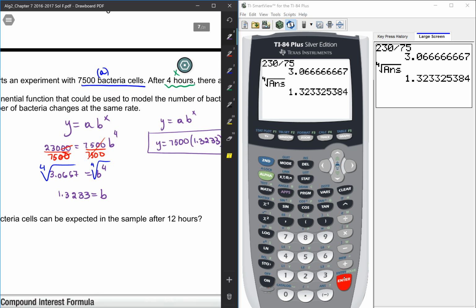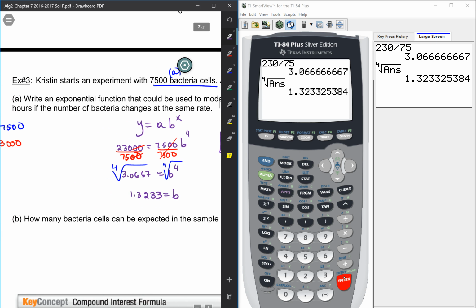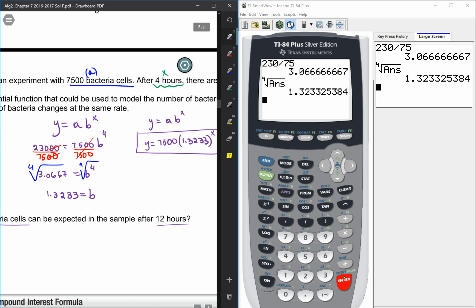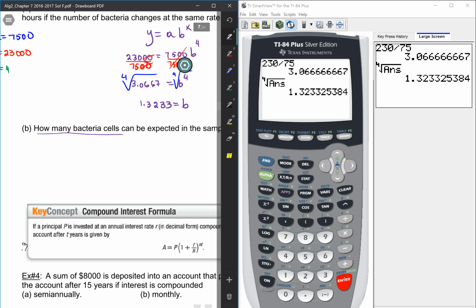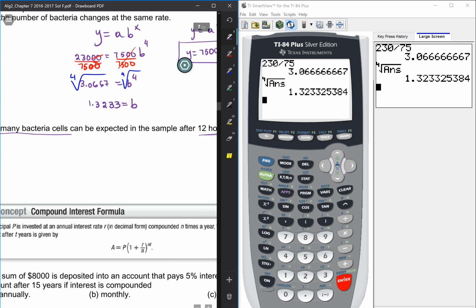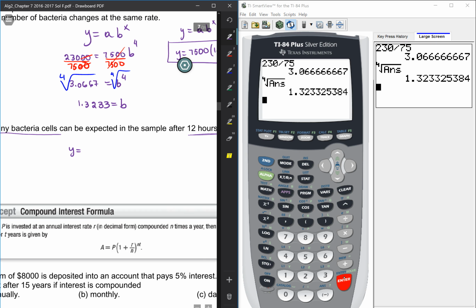Now, the next part of this is how many bacteria cells can be expected in the sample after 12 hours? So which one of the variables here is time? X. So, right. So when x is 12, how much is y? And we said that y was 7,500 times 1.3233 to the power of 12.